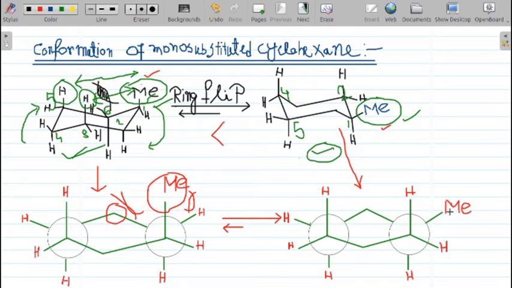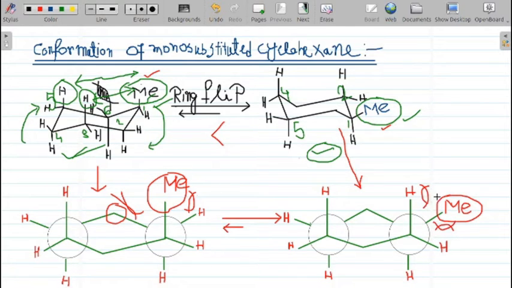This is the Newman projection of this conformation, where the methyl group is present at the equatorial position. Here you can see that there will be a clash between the methyl and hydrogen and these two hydrogens.